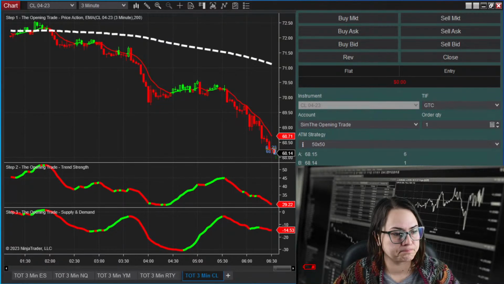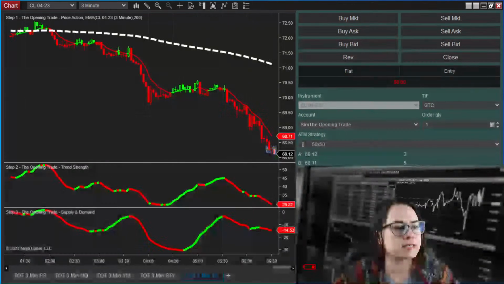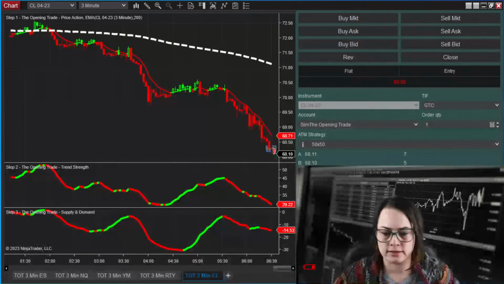Wheat hits a 1 week high on strong demand, and the Black Sea deal is uncertain. Black Sea deal uncertainty. There we go.